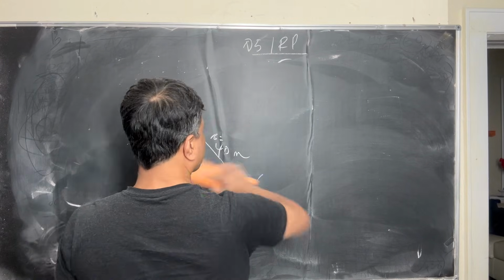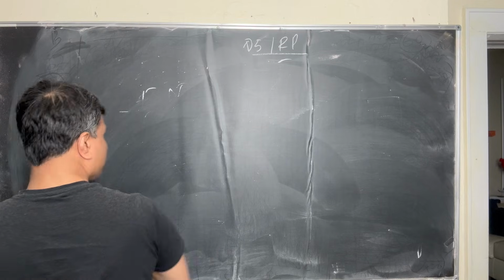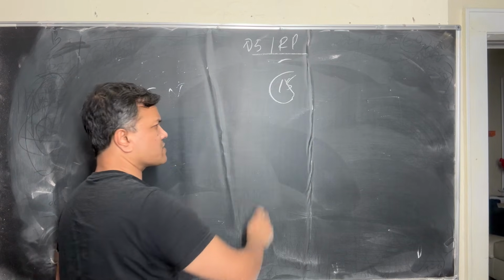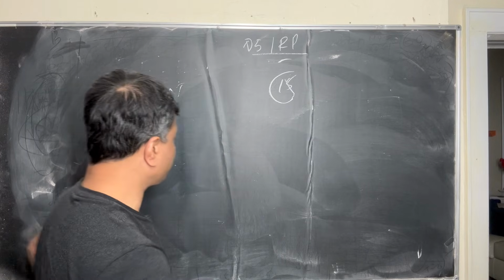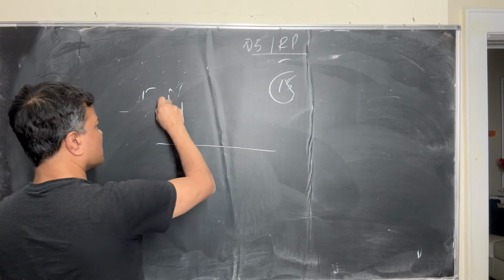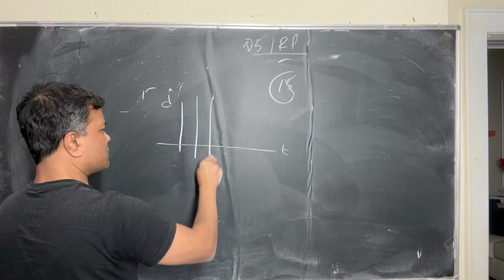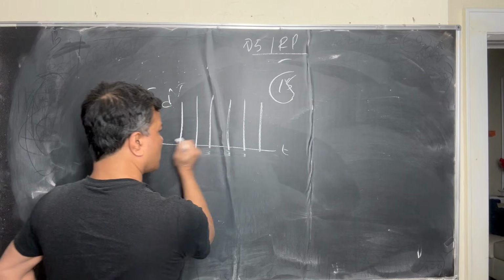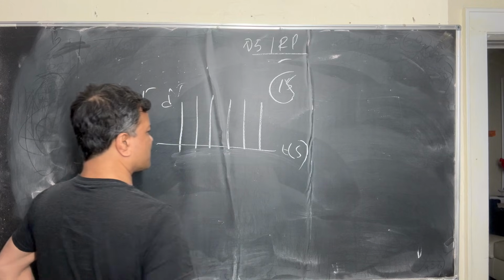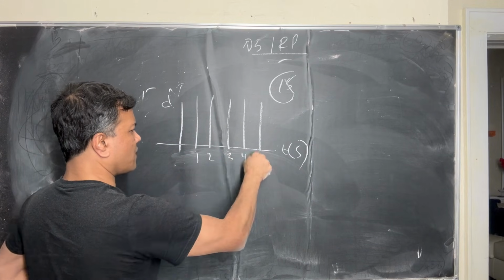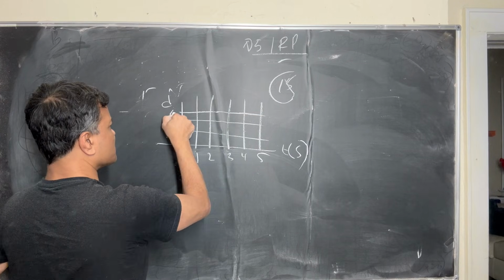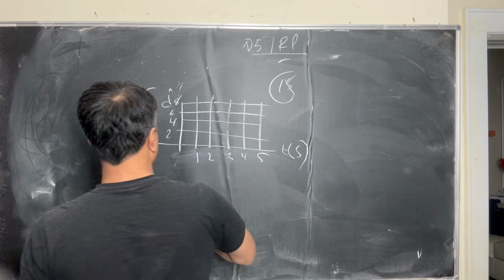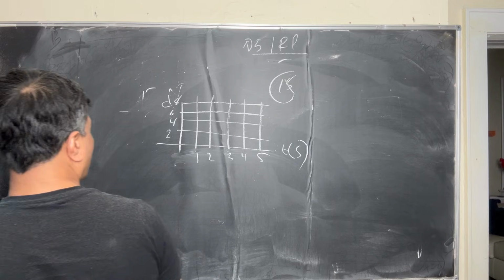Let's do problem 15. What did I ask you? It is similar to problem number 3. I gave you the d-t graph, with time measured in seconds: 1, 2, 3, 4, 5. This is 2, this is 4, this is 6, this is 8. So something is going on in this graph.